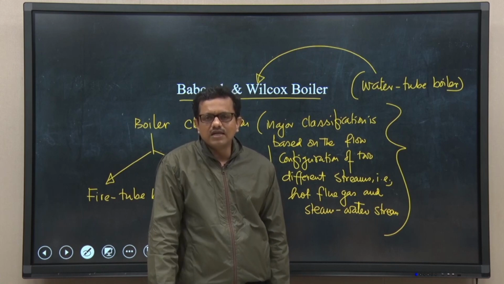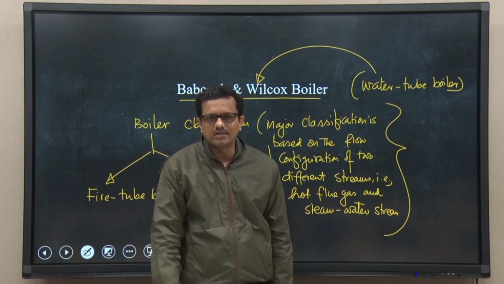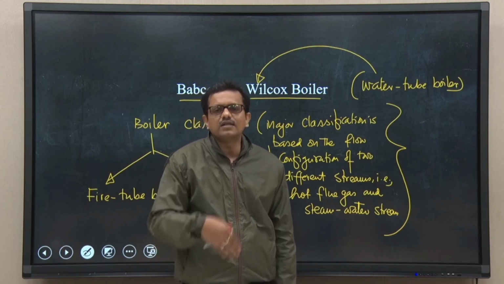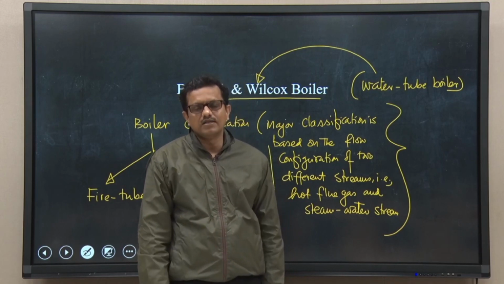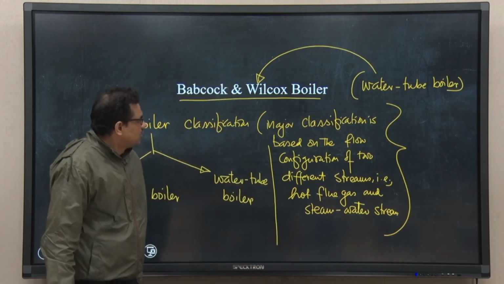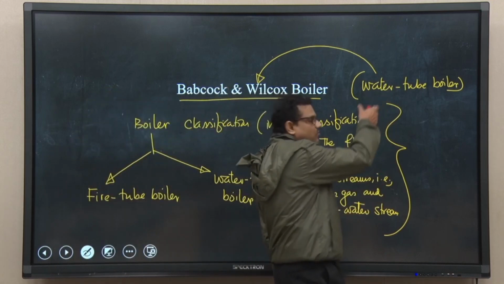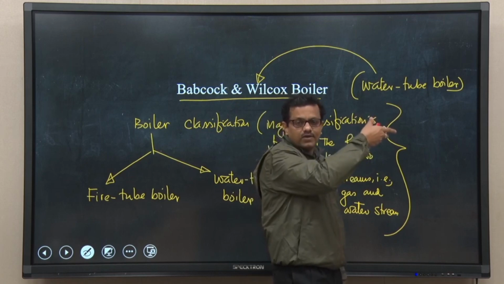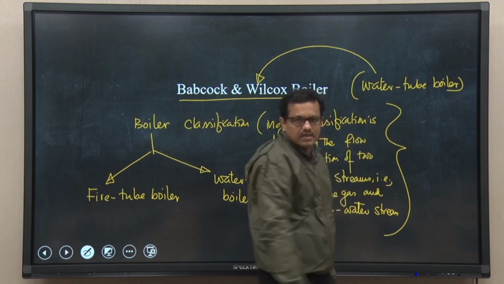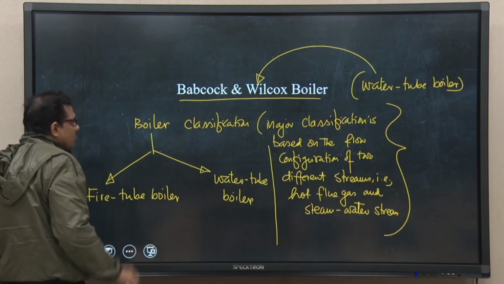You have studied heat exchangers in your heat transfer course; this is a kind of shell and tube heat exchanger. If one stream flows through the tube, the other stream will definitely pass through the shell, that is, over the tube. So the name suggests that water will flow through the tube while the other stream passes through the shell. That is the Babcock-Wilcox boiler, a water tube boiler.